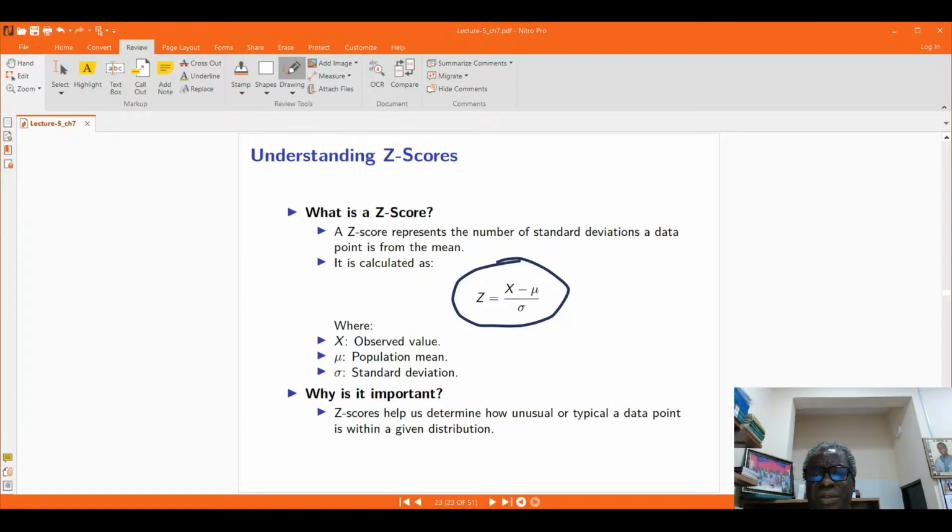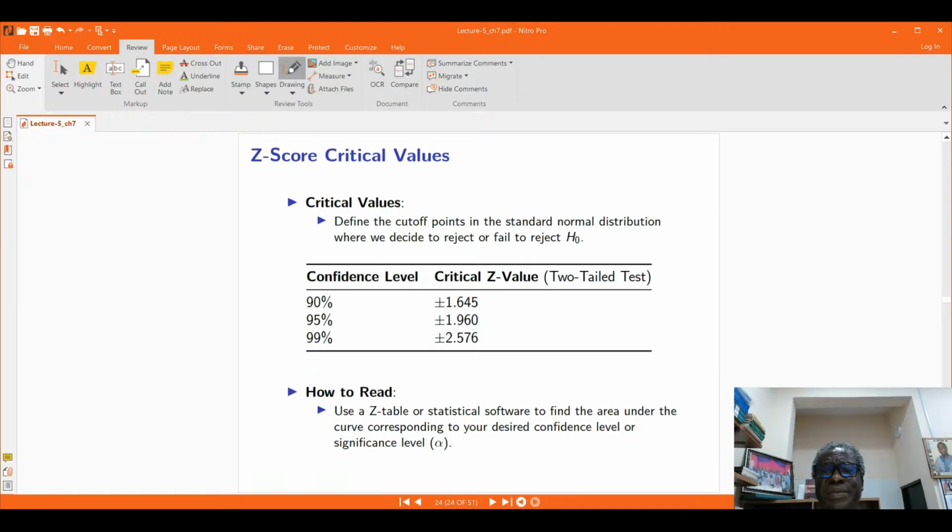The z-score helps us to determine how unusual or how typical a data point is within a distribution, in particular the normal distribution. We have seen before the critical values associated with the confidence levels that you see here.